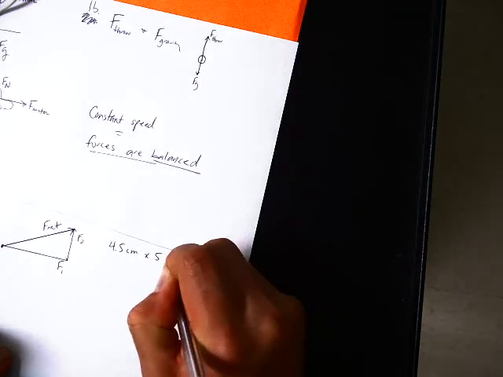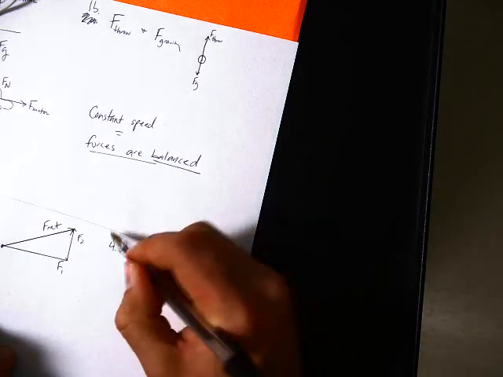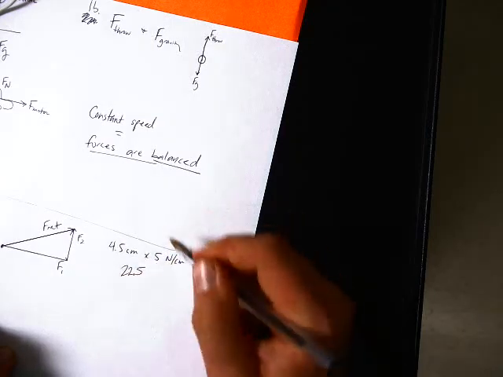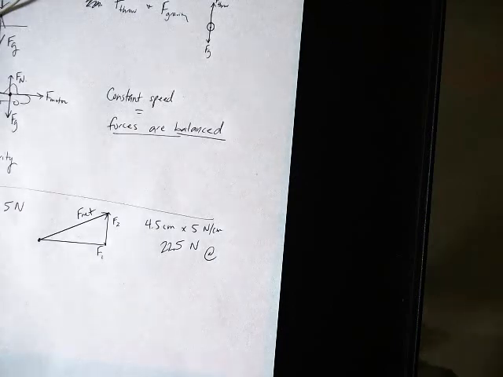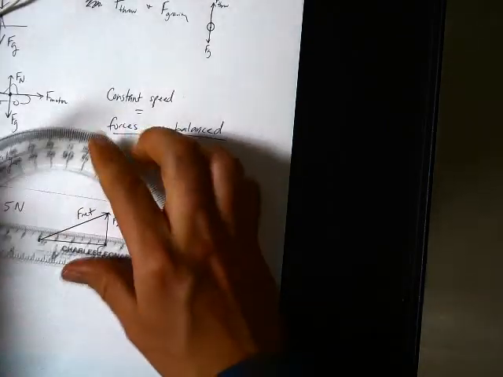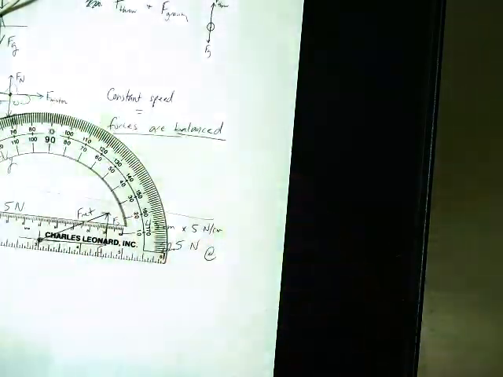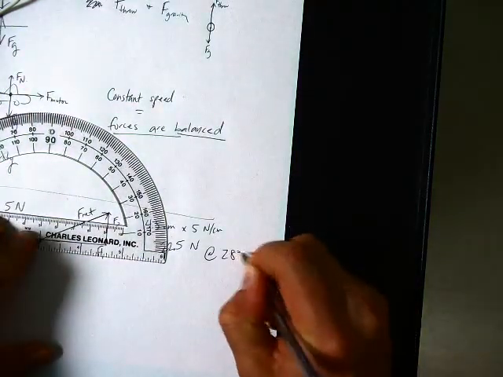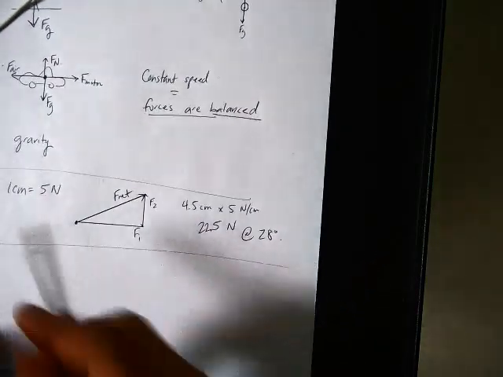Our scale is 5 newtons per centimeter, so that comes out to 22.5 newtons. And the angle we will find with my protractor, excuse me, is approximately 28 degrees or so. So you may want to refresh that.